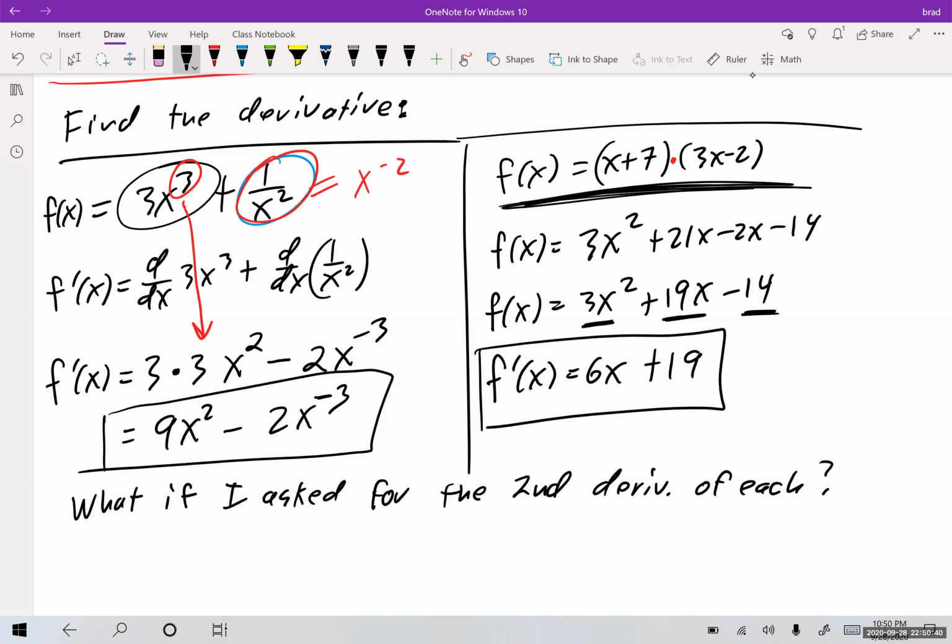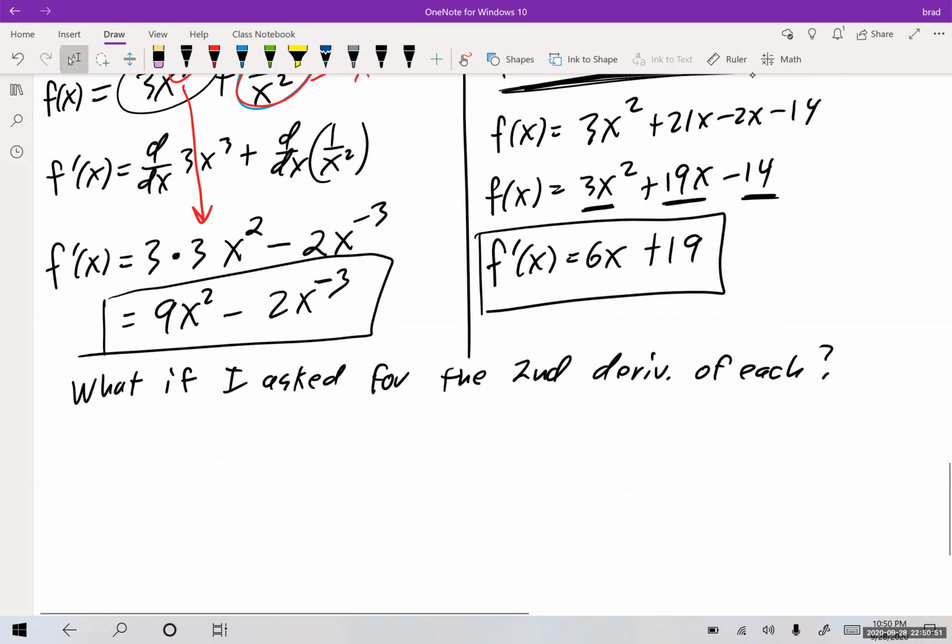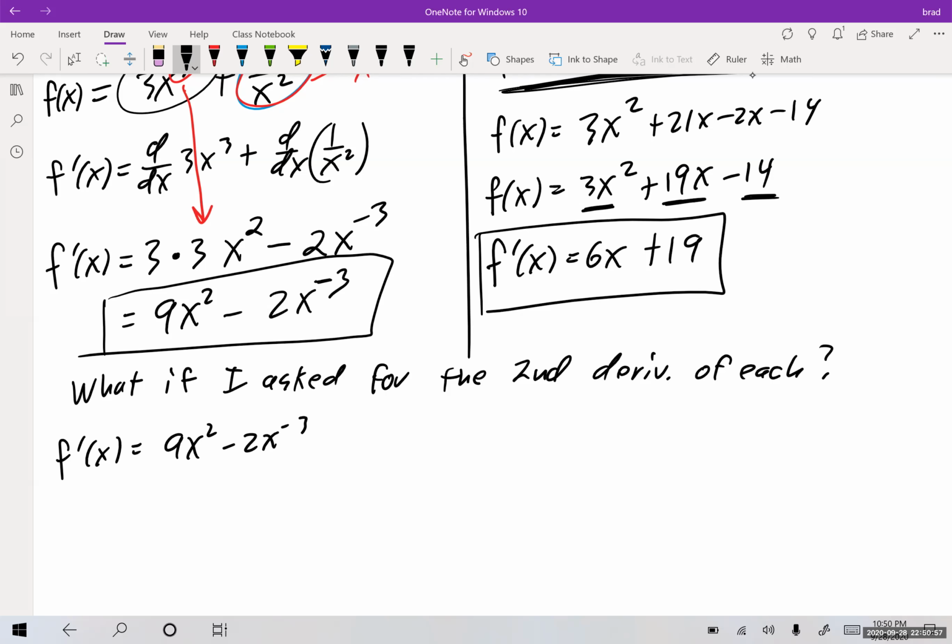But mathematically, in order to find it, all you do is take the derivative of the first derivative, and that gives you the second. So I would just write f prime of x equals 9x squared minus 2x to the negative 3. Then f double prime of x equals 18x plus 6x to the negative 4.